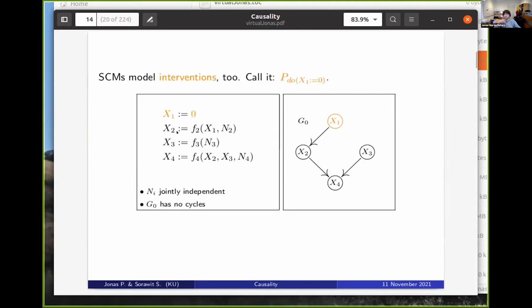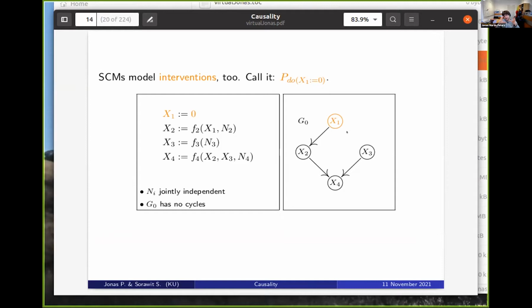Okay, maybe two more things to say. One thing I want to mention already now, which will be quite crucial for a couple of arguments that we make later today and tomorrow, is that if you look at an intervention like this, where you intervene on x1, then as I said, it gives a new distribution that we call P do x1 being 0, because you intervened with 0. And now what is important is the following.